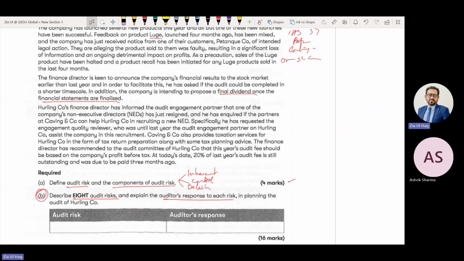Hurling Company's finance director has informed the audit engagement partner that one of the company's non-executive directors has just resigned. Okay, this is a company issue, not our issue. And he has inquired if the partner of Kevin and Company can help Hurling Company in recruiting a new non-executive director.